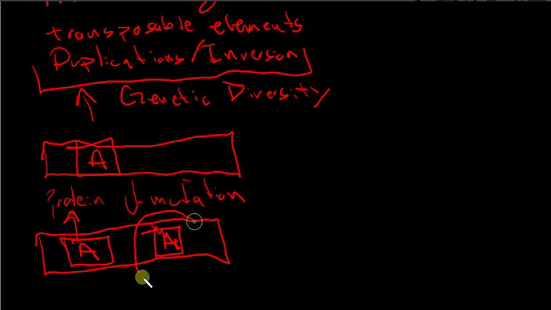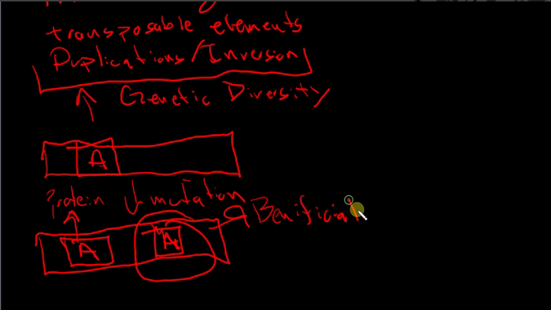But sometimes this can mutate and become beneficial. And that is the genetic basis of evolution. So there's quite a few protein coding genes that have multiple copies, and they arose by duplication and divergence.